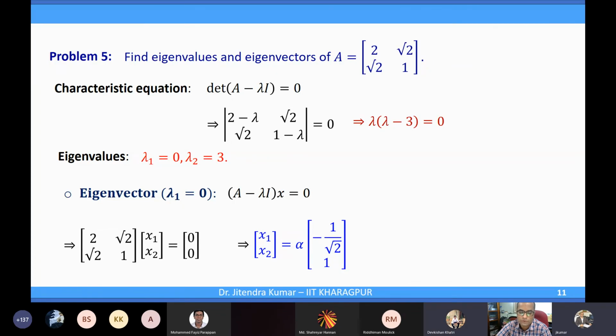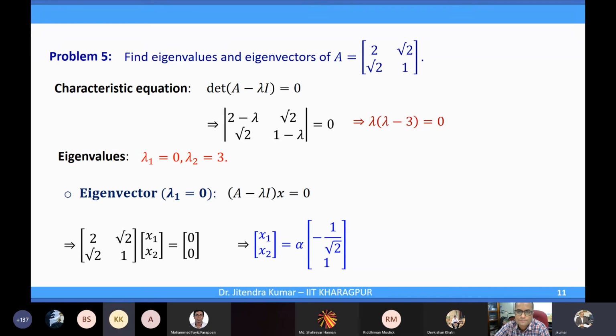Yes, that's true. Is this clear? All of you got this eigenvector corresponding to lambda 1 equal to 0? If you have any problem, or a calculation you didn't understand, please ask. But don't skip. This is a very simple chapter in terms of the calculation.